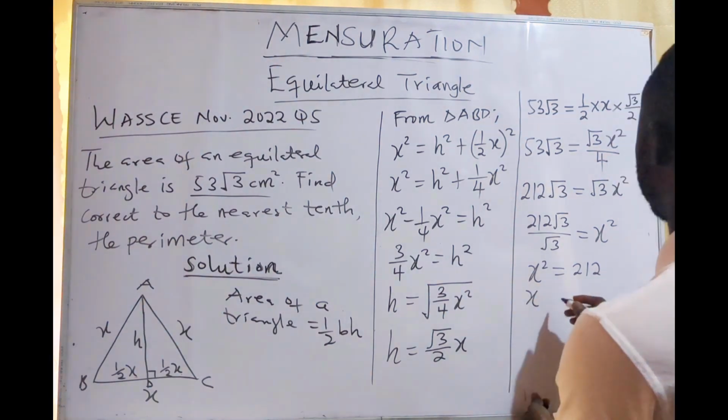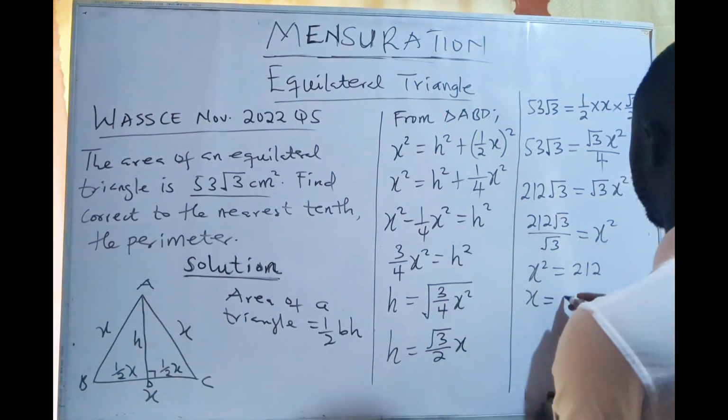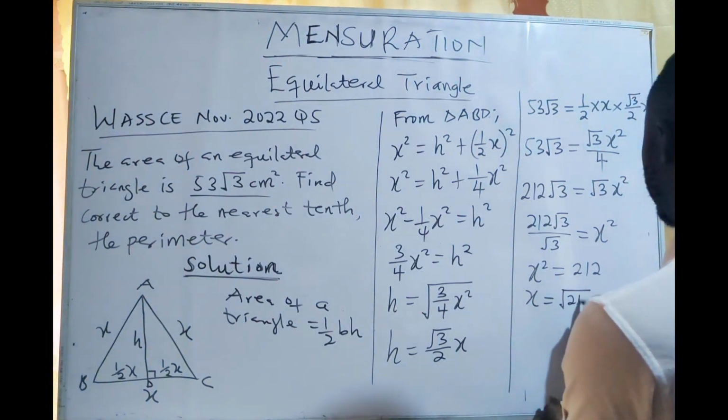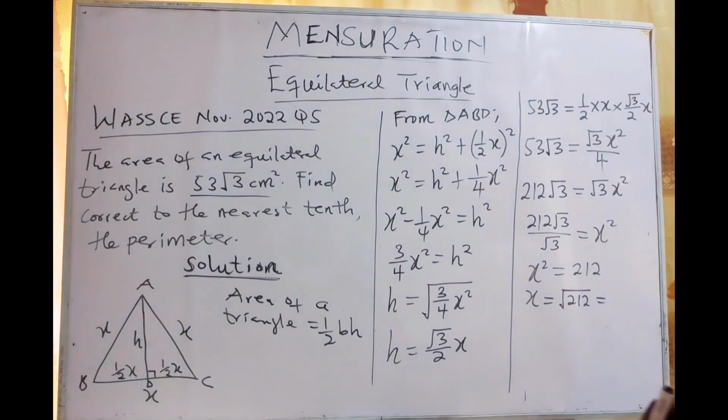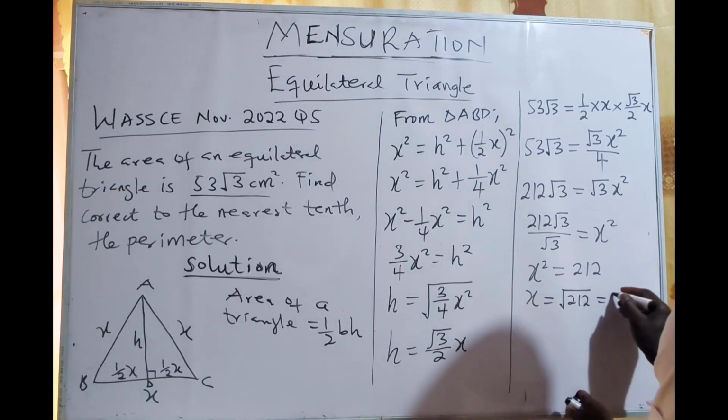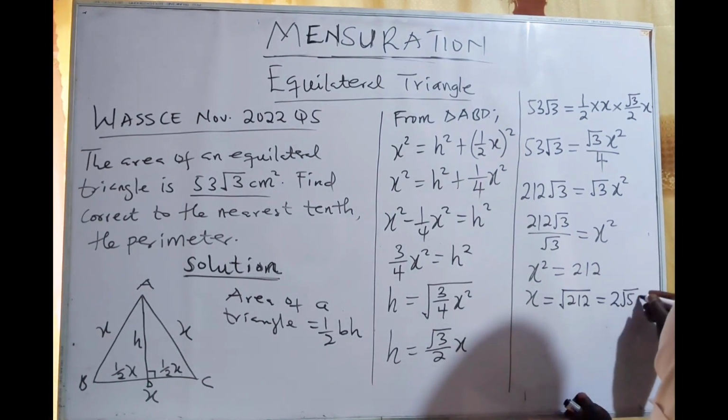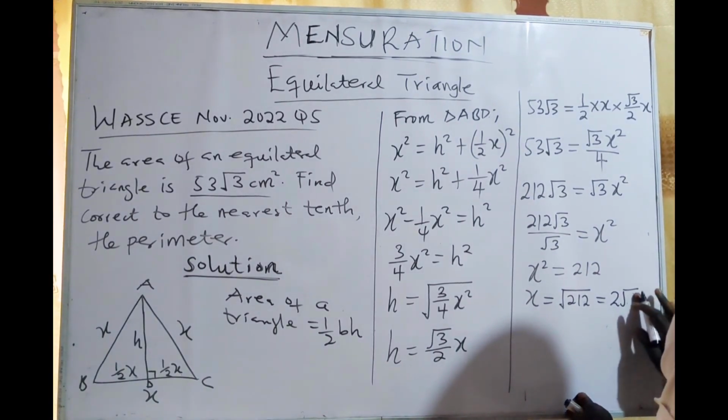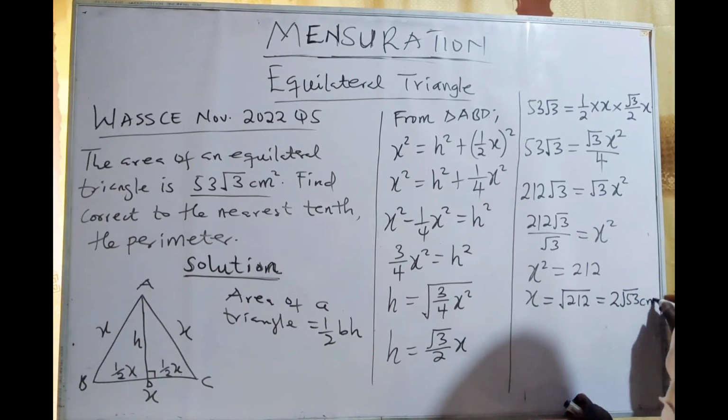And then my x is going to give me the root of 212. Let me see if we can simplify this. Root of 212 will give me 2 root 53 centimeters.